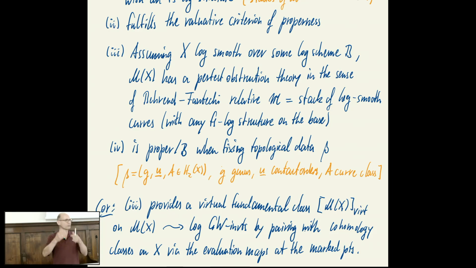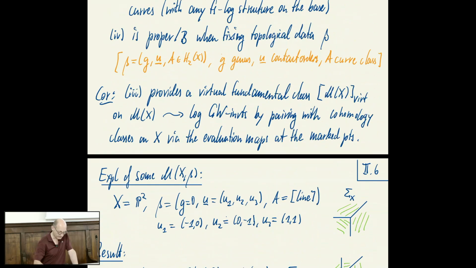You can also pull back, of course, cohomology classes from the moduli space of stable curves. So that's all pretty standard.